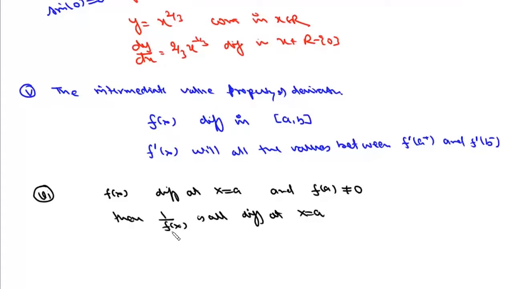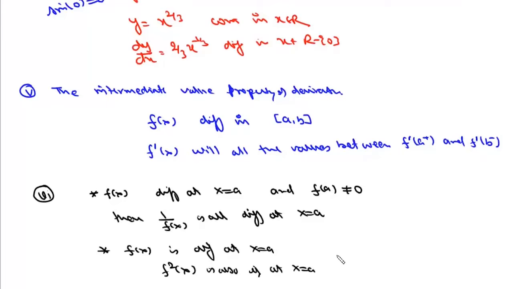Now this basically is a corollary of the f(x)/g(x) differentiability result. And another one that we can use from here is, if we have function f(x) and it is differentiable at x equal to a, then f square x is also differentiable at x equal to a, because it is a composition of x square and f(x), and this x square is differentiable in x belongs to R. So we can work out many more results using algebra of differentiability.